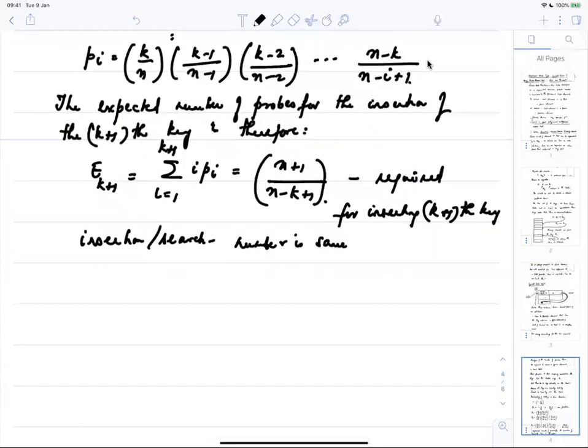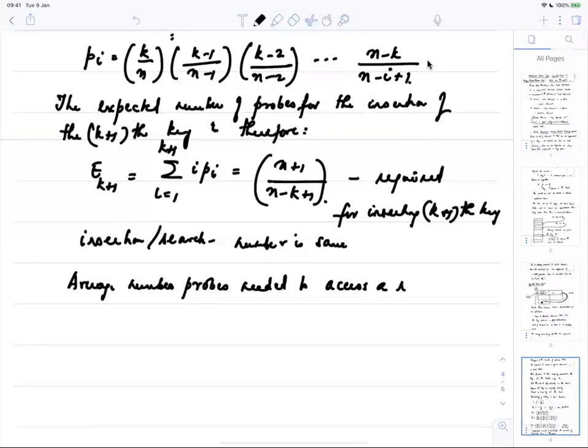Now what we can do is compute the average number of probes needed to access a random key in the table.